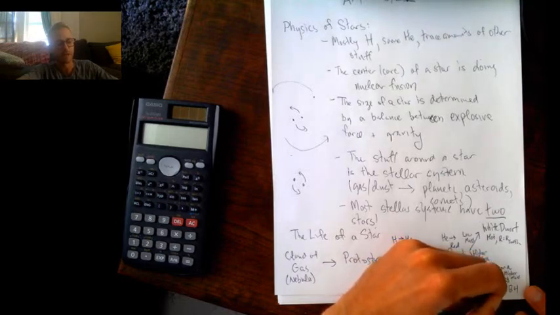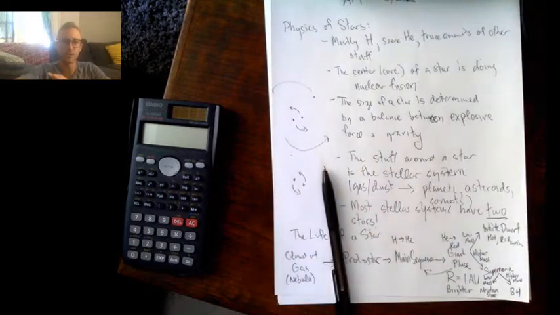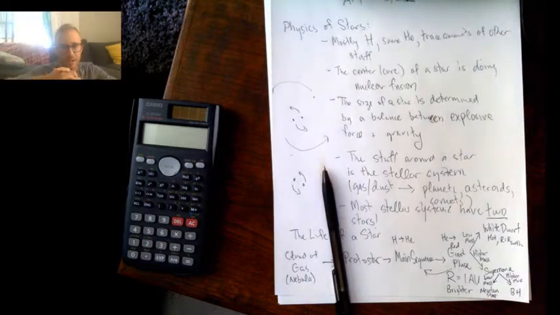Okay? So what happens in a neutron star is, again, fusion stops in the core of the star and gravity compresses the star. And gravity compresses the star so much that the electrons get pushed into the protons. Now, what happens when an electron gets pushed into a proton is it becomes a neutron. So the star is made up entirely out of neutrons now. And it's incredibly dense.